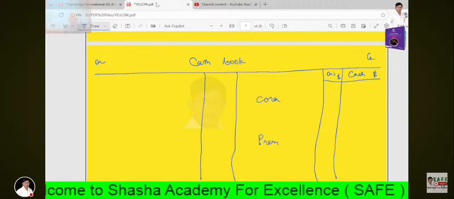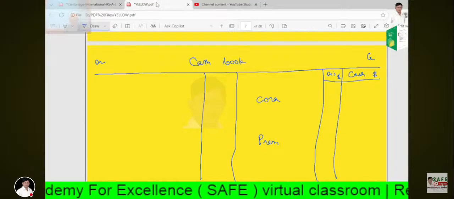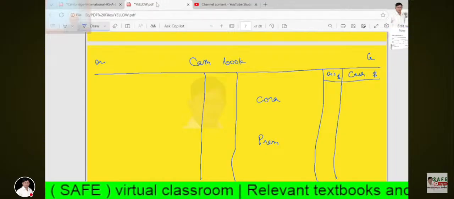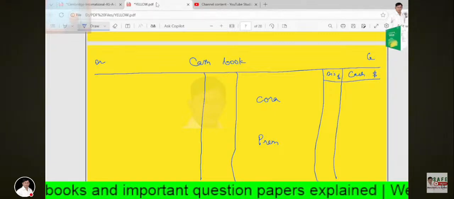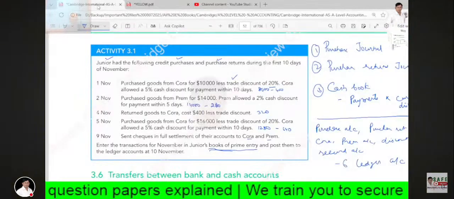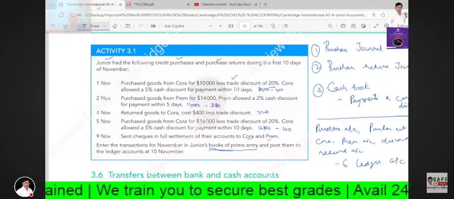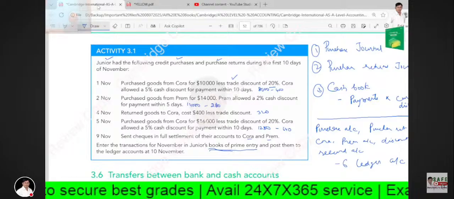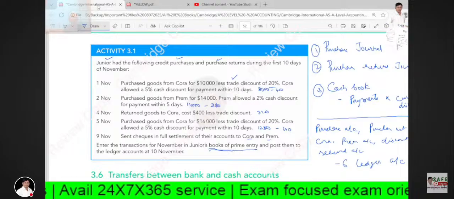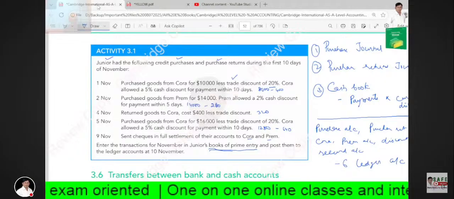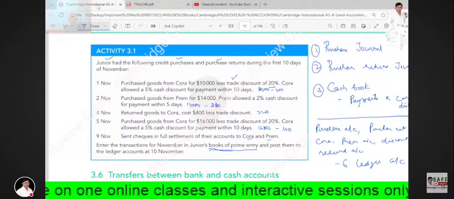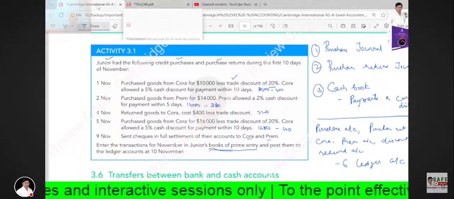But here we need to calculate, because what are the transactions you have done with Cora? You have purchased, returned, again purchased, returned.